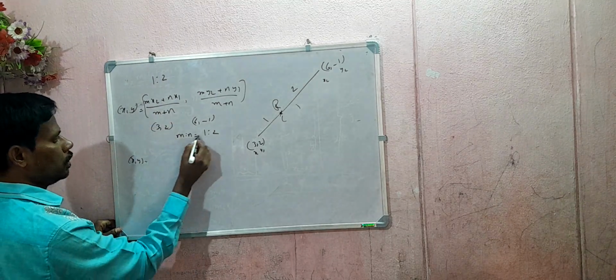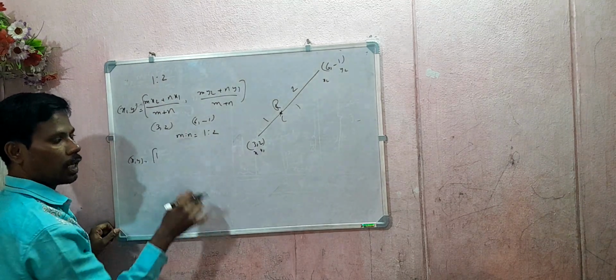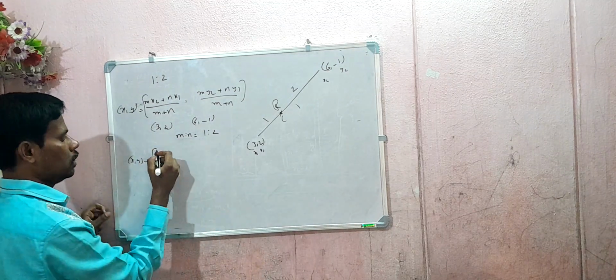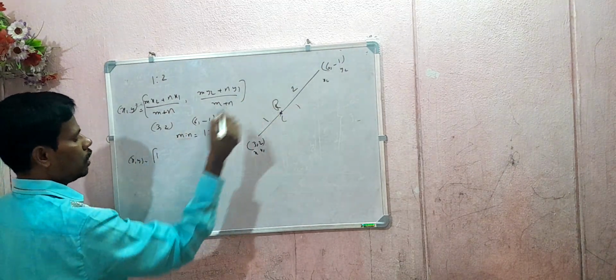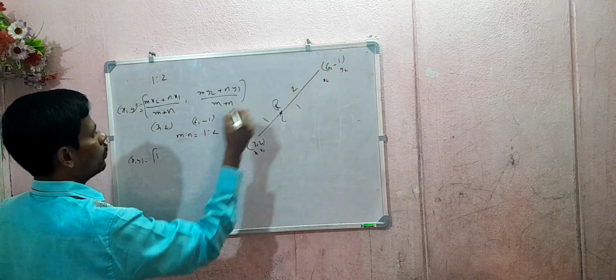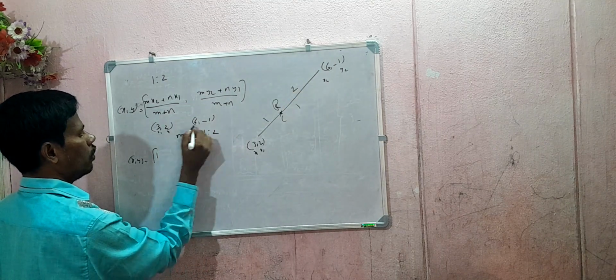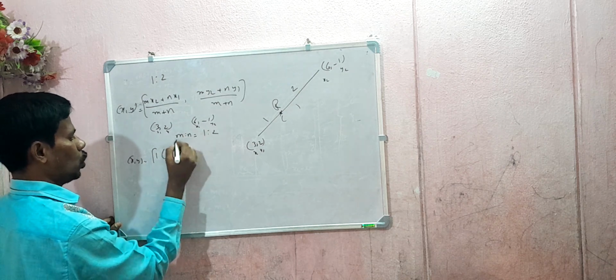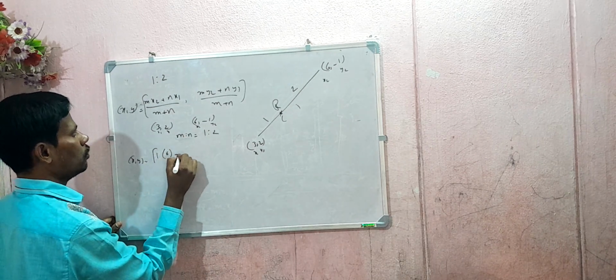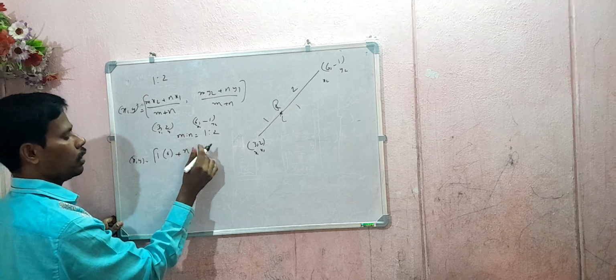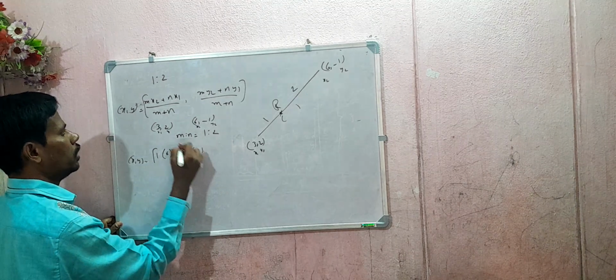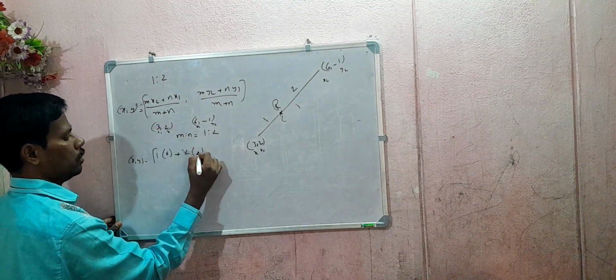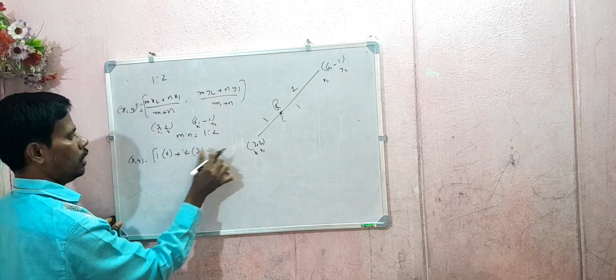So m is 1. I am just applying the formula here. Here x1 y1, x2 y2. m x2 is 6 plus n x1, n is here 2, x1 is 3, by m plus n.